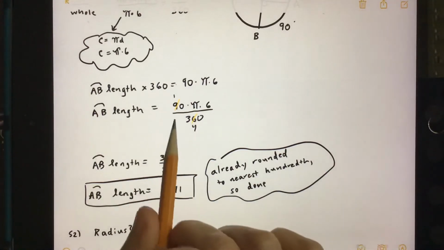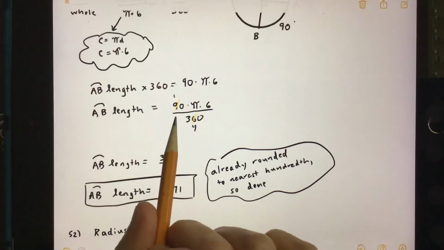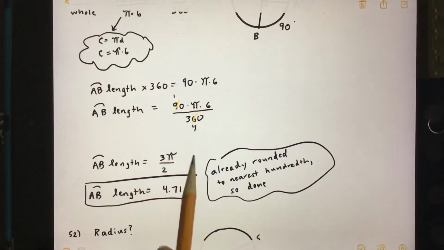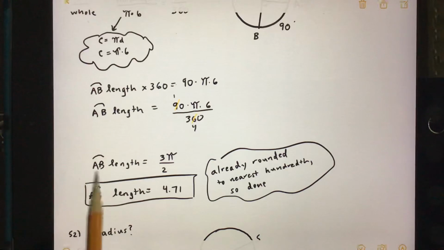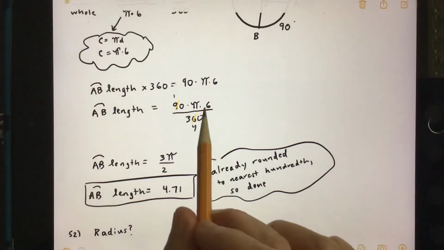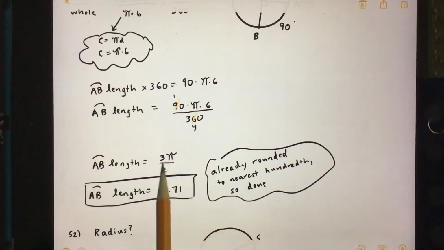So I went ahead and reduced 90 over 360. 90 divided by 90 is 1. 360 divided by 90 is 4. And so that's going to give me the arc length of my AB. The other reducing that I did to get from here to here, 6 over 4 does reduce down to 3 over 2. That's as simple as that fraction can be. And so I'm going to multiply 3 times pi, divided by 2, and on my calculator it will show me 4.71.